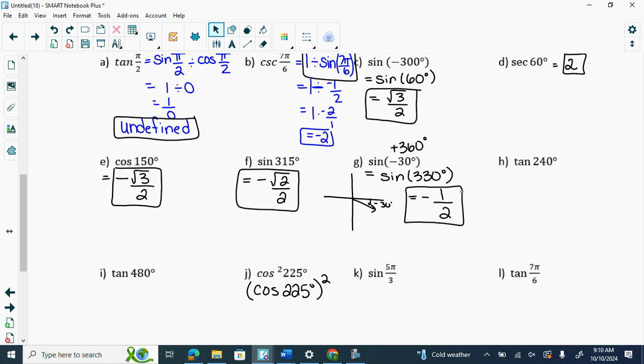So secant and cosecant are easy, they're just a flip of it. But cotan and tan come from those top two formulas. So if it's tan of 240, I could rewrite that as sine 240 degrees over cos 240 degrees. What is sine of 240?